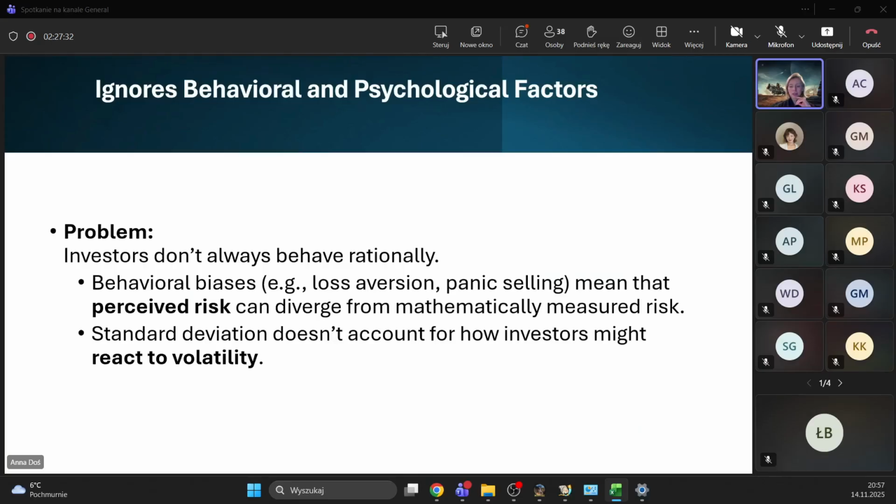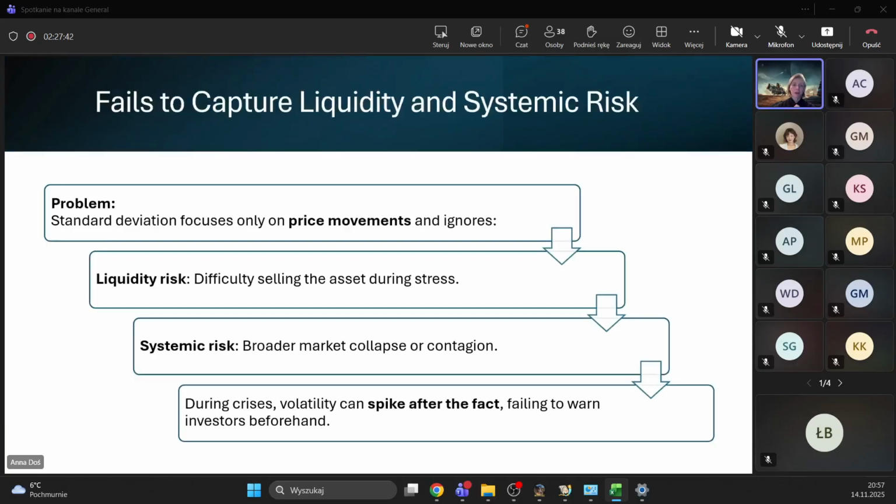Finally, standard deviation ignores behavioral and psychological factors and doesn't inform about how the investor will suffer from the risk. Obviously, it captures only the changes in the prices and ignores liquidity risks, systematic risk, and behavioral risks.